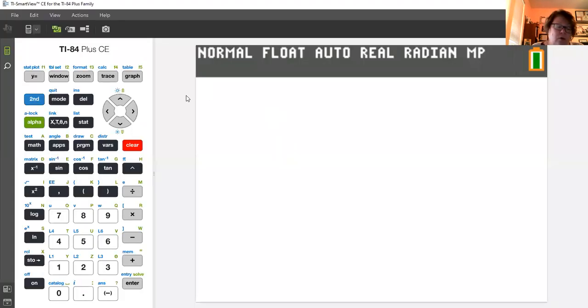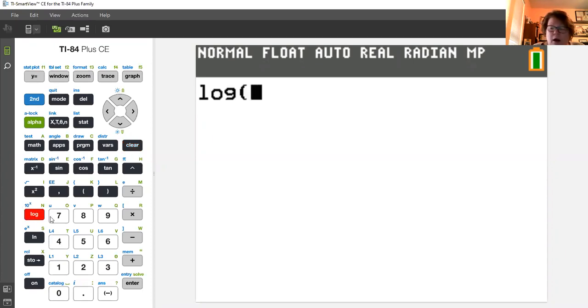All right, so the first way we found the log base 7 of 2,506 was to use the common logarithm. So I'm going to take the log, LOG, right over here on the left-hand side of my calculator.